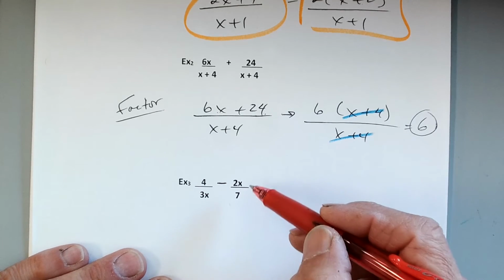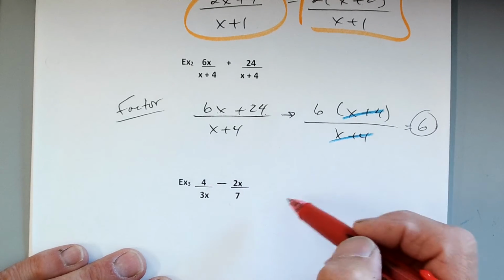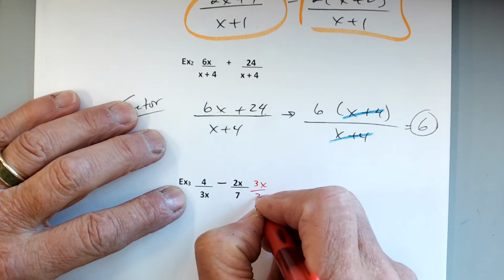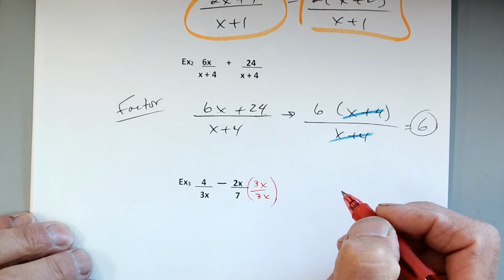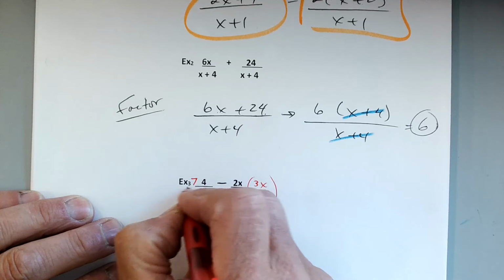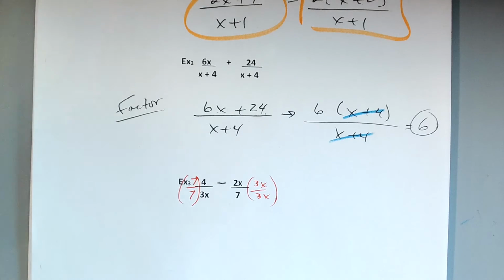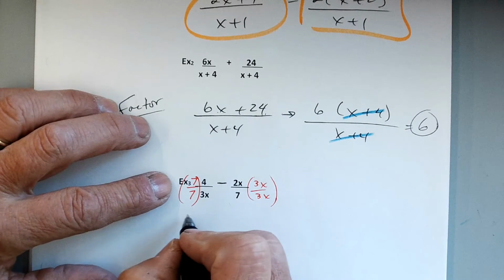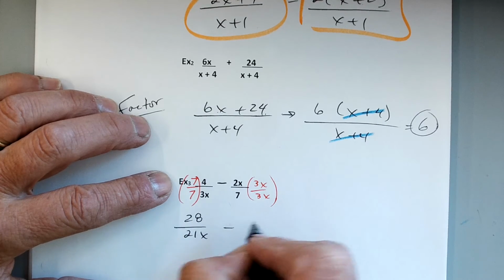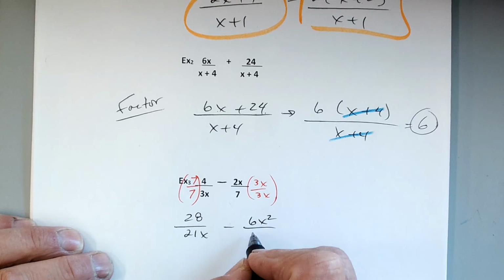So I'm going to multiply this one by 3x over 3x, and I'll multiply this one by 7 over 7. So then I'll have a 28 over 21x minus a 6x squared over a 21x.